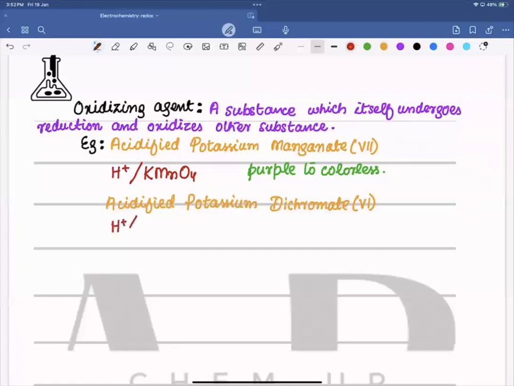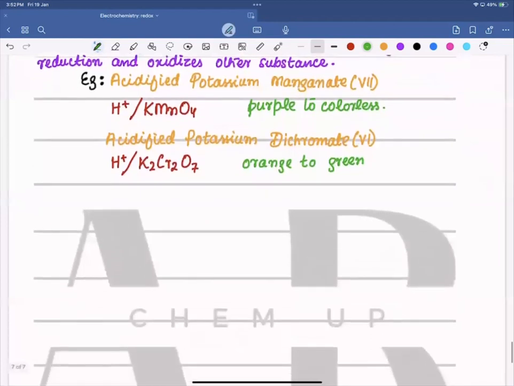It can be written as H+, which shows the acidified medium, and remember, instead of H+ you can also write H3O+. Its formula is K2Cr2O7. Basically the dichromate ion in this and the manganate ion above act as oxidizing agents. When it acts as an oxidizing agent, it changes its color from orange to green. Is this understandable?